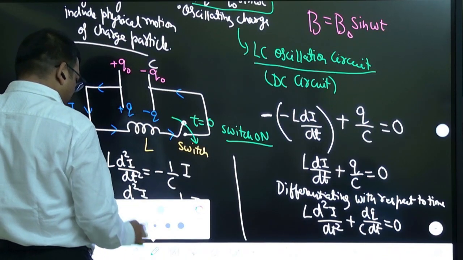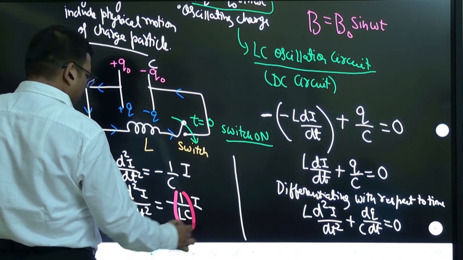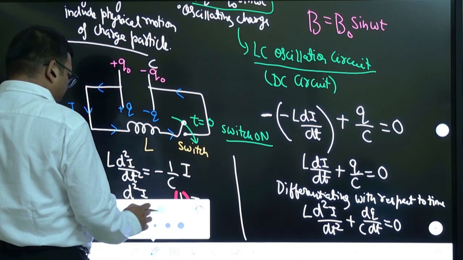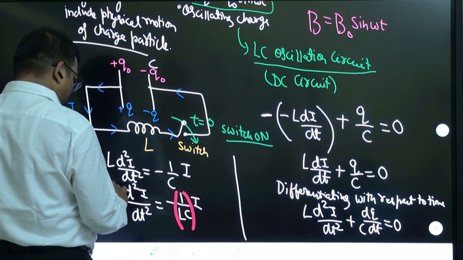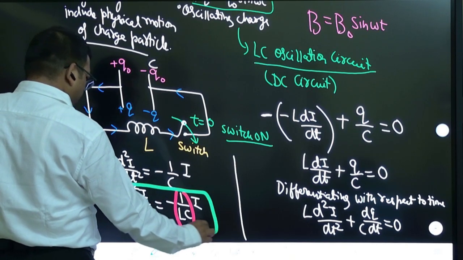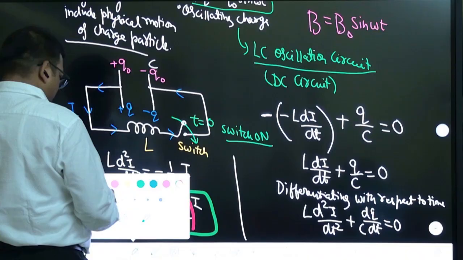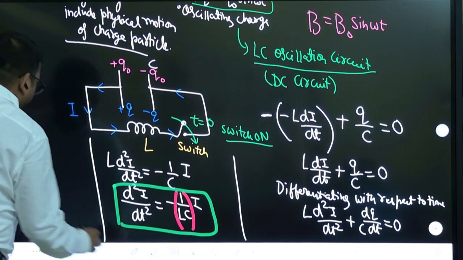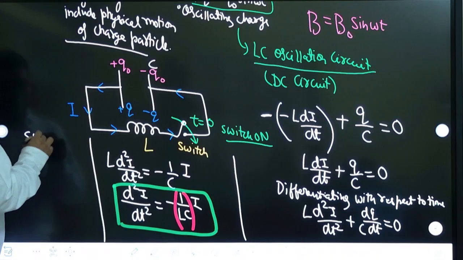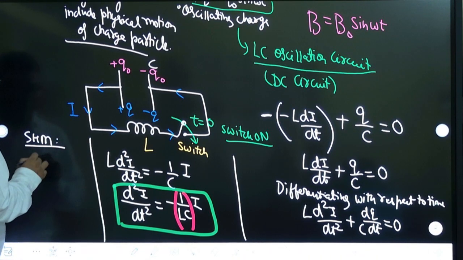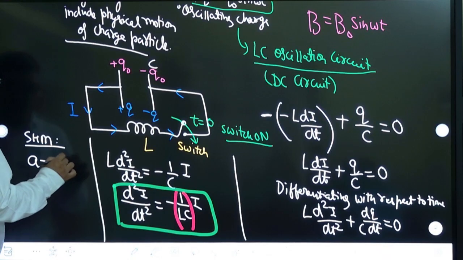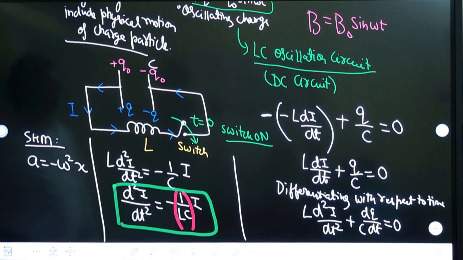Now you need to pay attention to this equation. This equation represents SHM. You may ask where it is representing SHM. Let me recall what happens in SHM. In the SHM equation, acceleration is equal to minus omega square x. I think all of you know that.